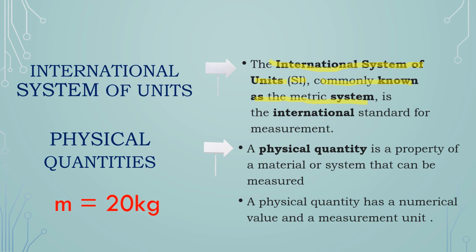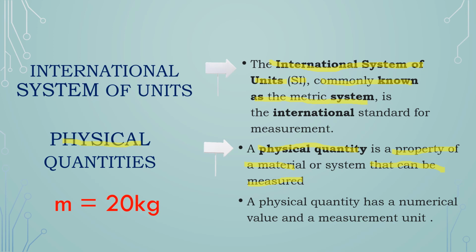There are two types of quantities: physical quantities and non-physical quantities. A physical quantity is a property of a material or a system that can be measured. Example, mass, time, length. A physical quantity has a numerical value and a measurement unit.